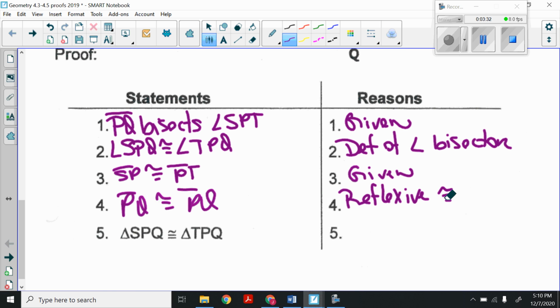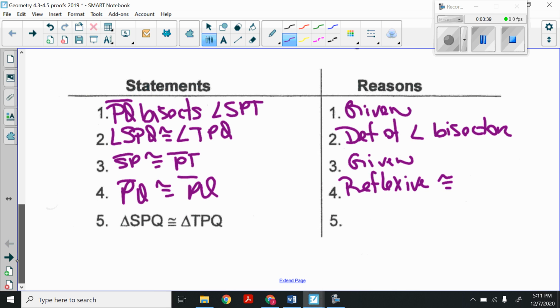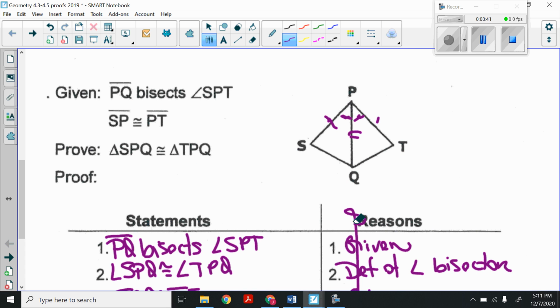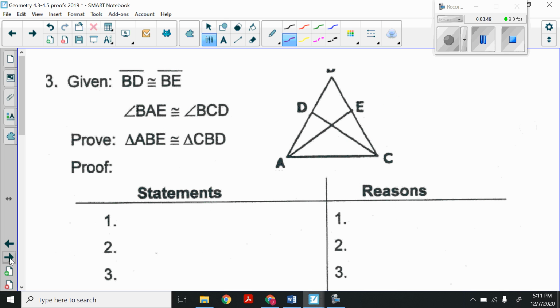And now the 2 triangles are congruent, and I just look at what do I have? What's my property? I have a side, an angle, and a side, so that's an SAS again. SAS.